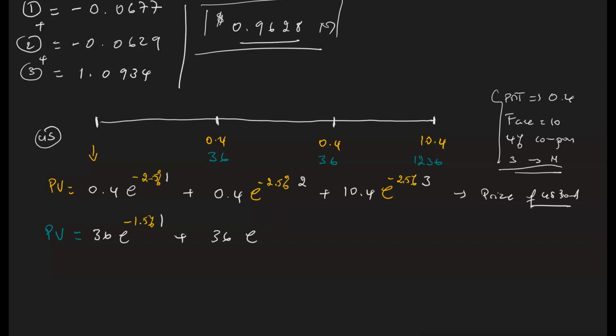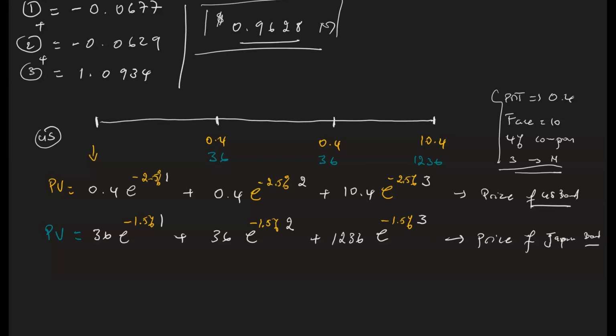And we have the last cash flow, which is 1,236, because we have the 1,200 face value that needs to be repaid, plus the interest of 36, present value of that again, at the Japanese interest rate, minus 1.5% for 3 years this time. And this will give us the price of the Japanese bond.